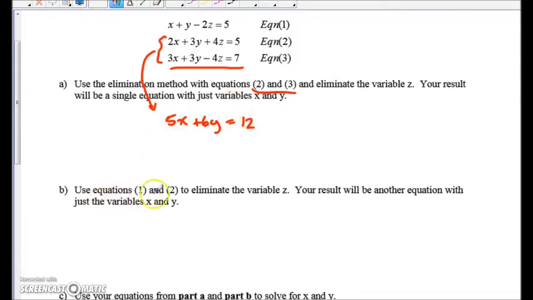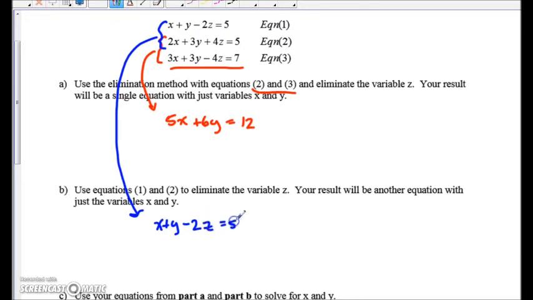Now, in part B, it says, using equations 1 and 2, you can eliminate the variable z. Well, unfortunately, I don't have the exact opposite here of coefficients. So let's grab those 2, bring them down here, and I'll rewrite them. So I've got x plus y minus 2z. It's helpful to make your z's with a little line through it.